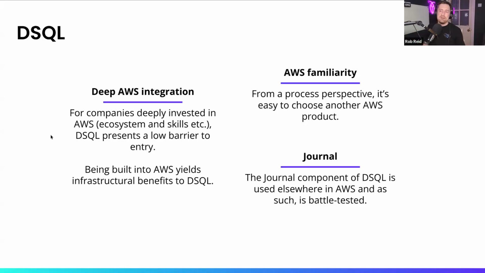And it yields infrastructural benefits being built into AWS, one of which being the journal. That's a component which I'll talk about in more detail in a minute, but it's used elsewhere in AWS. So while DSQL is brand new, some of the services that underpin AWS already use the journal.